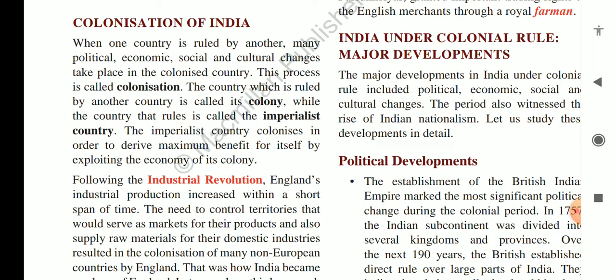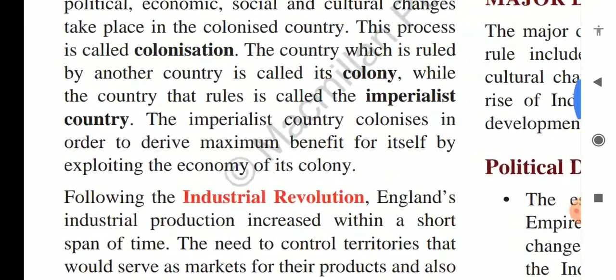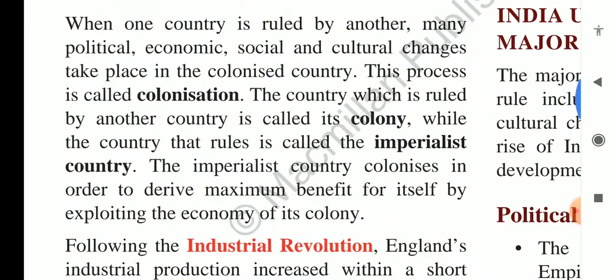Let us start. When one country is ruled by another, many political, economic, social, and cultural changes take place in the colonized country. This process is called colonization.